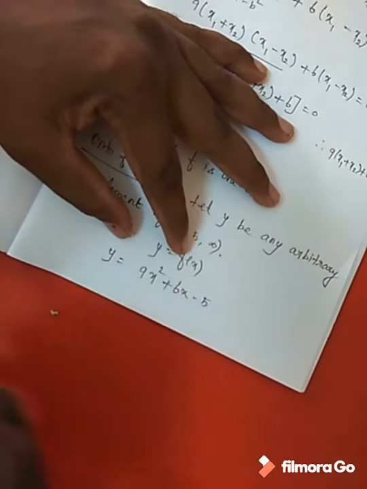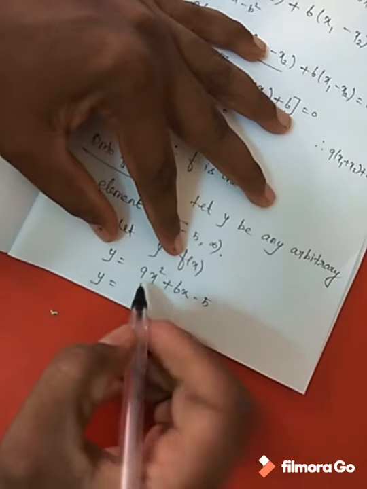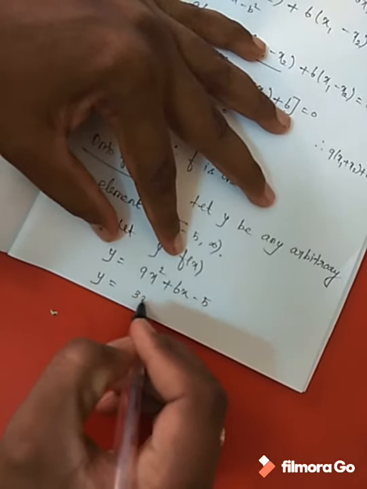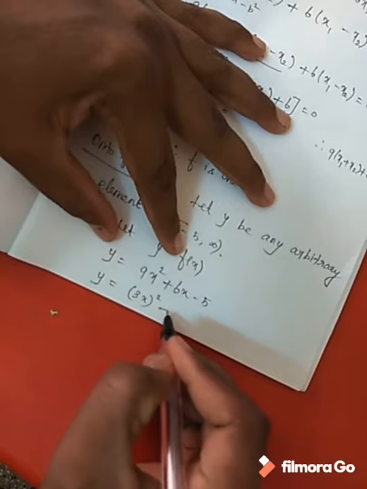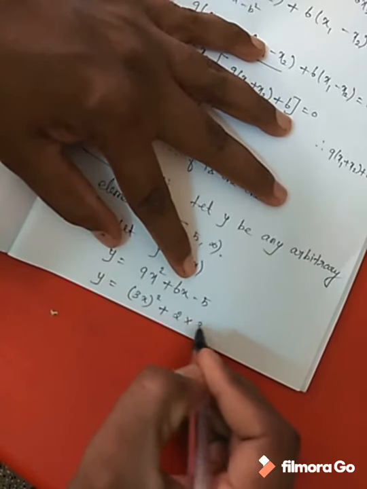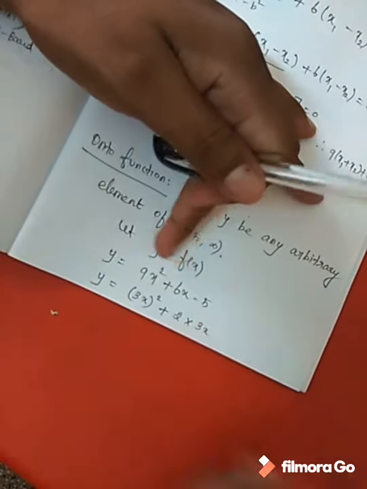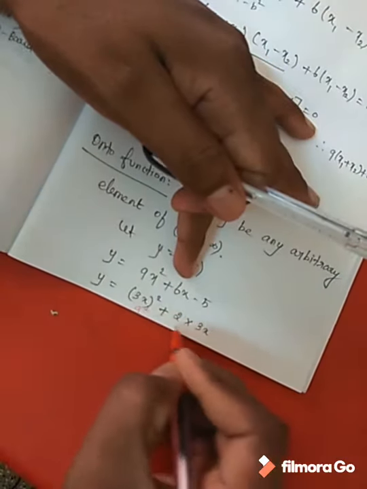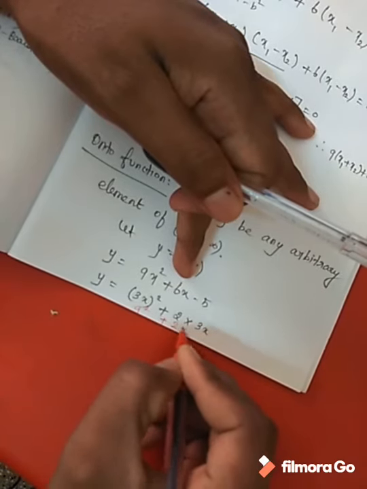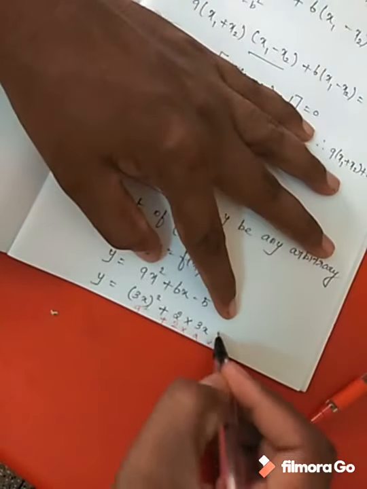I am going to find the x value using the completing the square method. So I can write y = (3x)² plus I can split and write this 6 as 2 into 3x, right? So it is of the form a² + 2ab, so I can write b as 1, right?